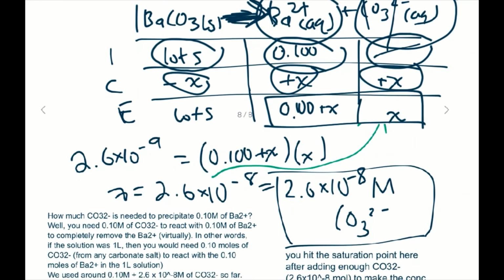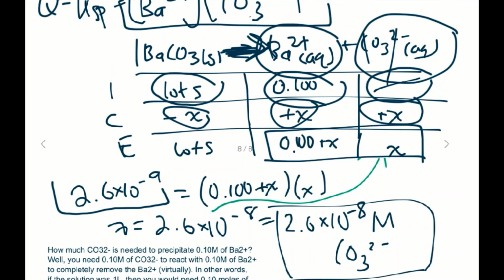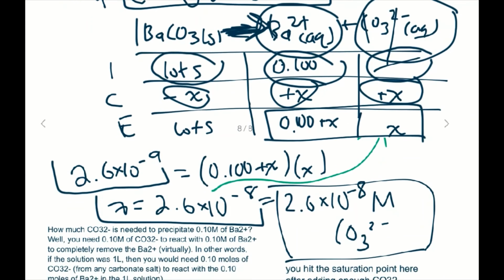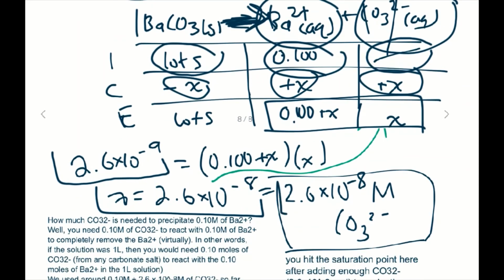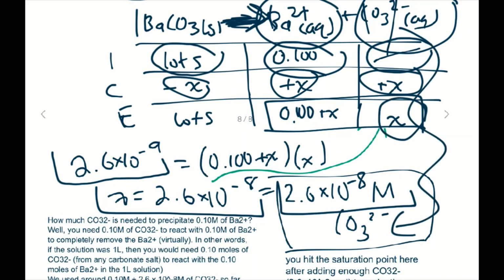And we will set that equal to the Ksp for barium carbonate, and doing some math, we get that x is equal to 2.6 times 10 to the negative 8. And this tells us that 2.6 times 10 to the negative 8 molar of our carbonate was dissolved to create a saturated solution at equilibrium.